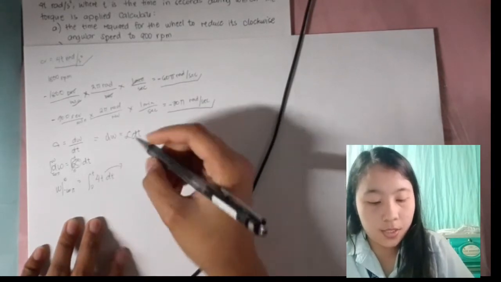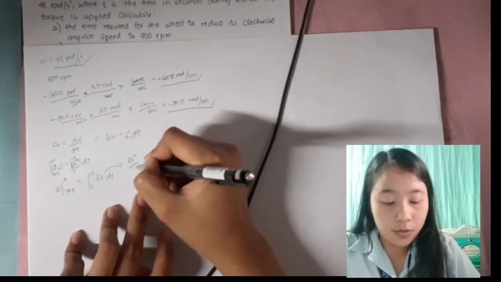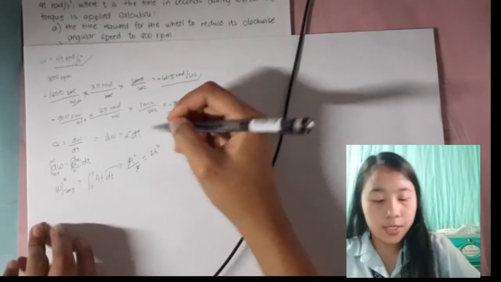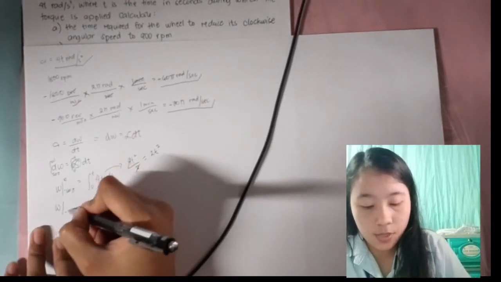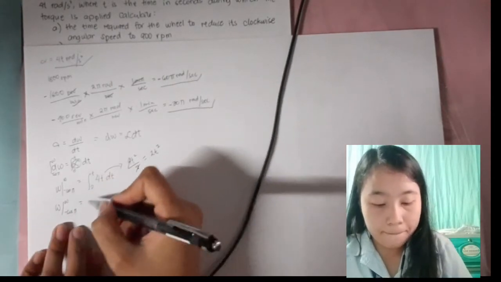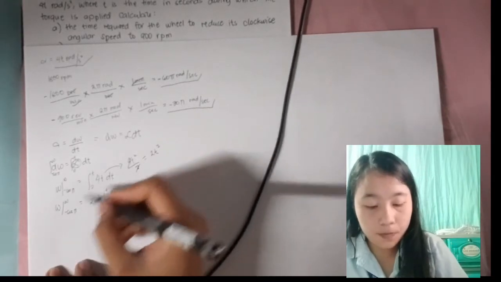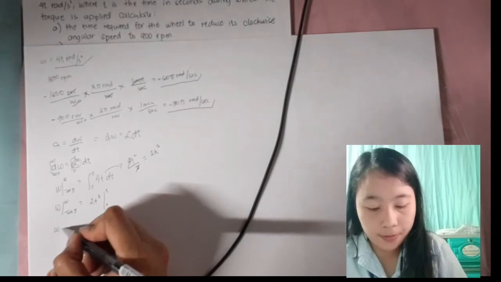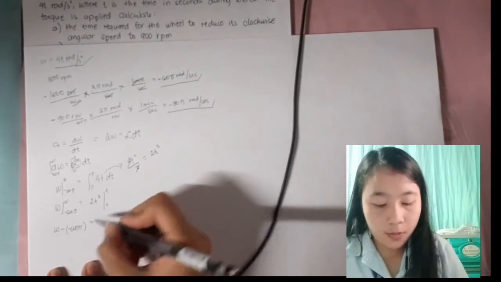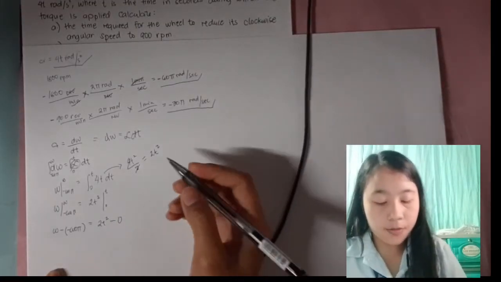If we integrate this, we get 40t squared over 2, which becomes 20t squared. So omega minus negative 60 pi is equal to 20t squared minus 0.